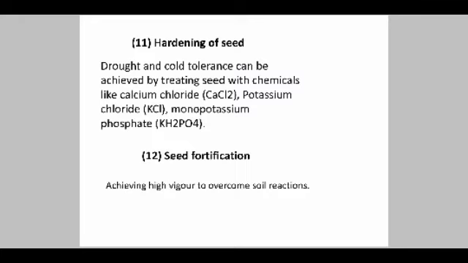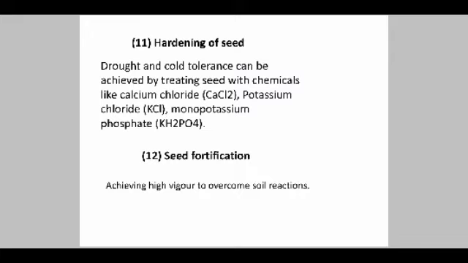Next is the hardening of seed. Drought and cold tolerance can be achieved by treating seed with chemicals like calcium chloride, potassium chloride, or monopotassium phosphate. These chemicals can easily harden the seeds.